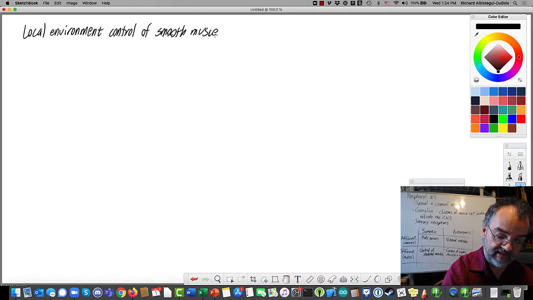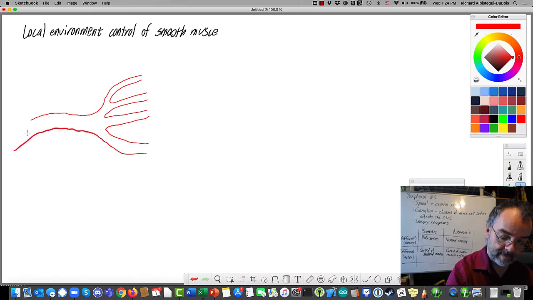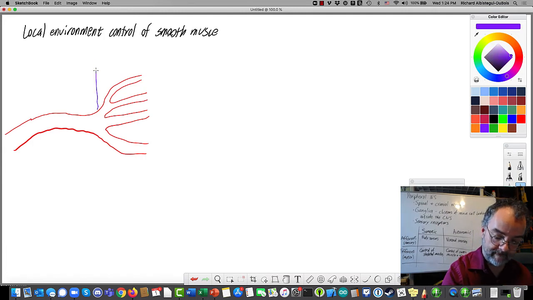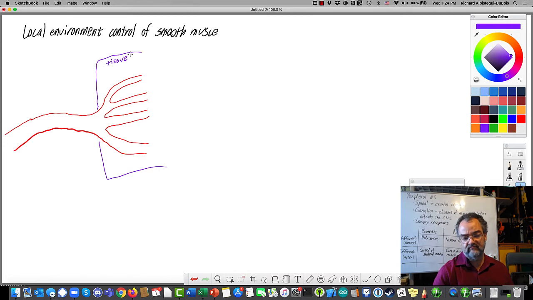And the example I like to use here is of a blood vessel that's supplying a particular tissue area. So in this purple area, you can imagine that we have some amount of tissue. Let's say this is some particular bit of, I don't know, the brain.